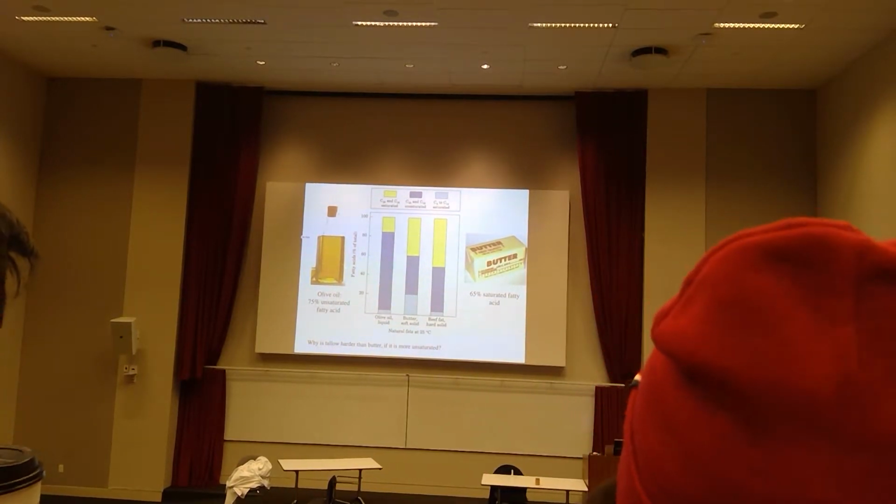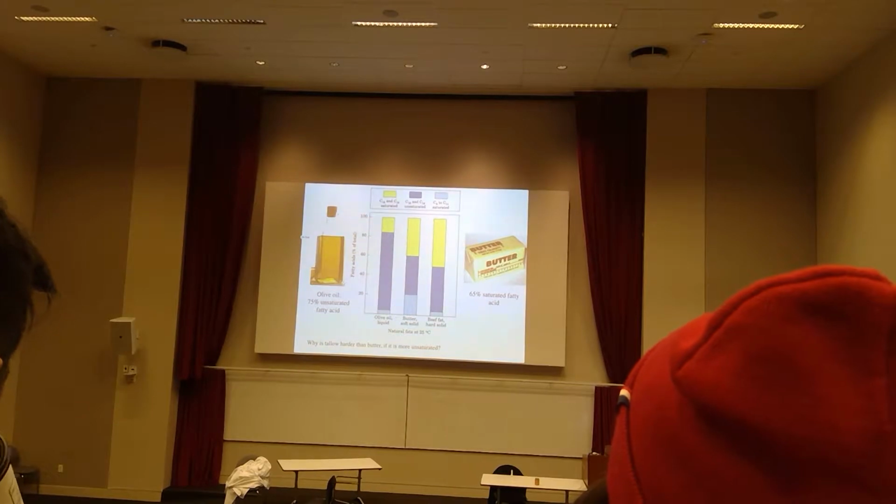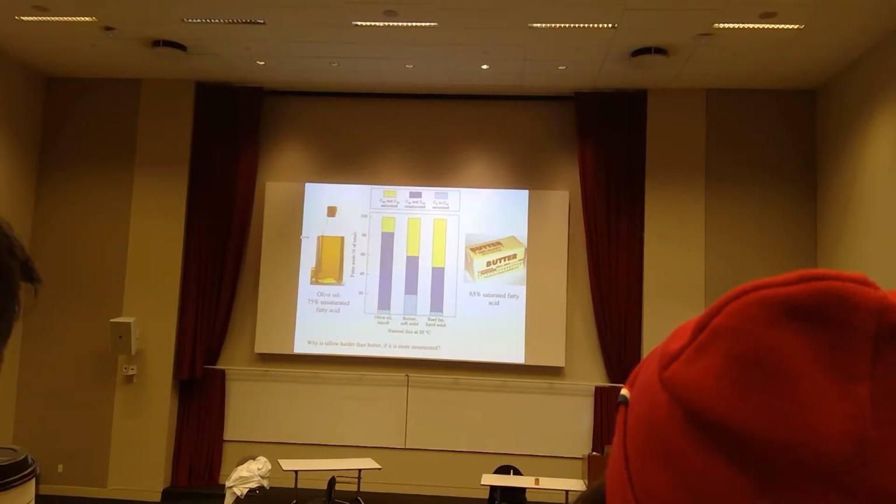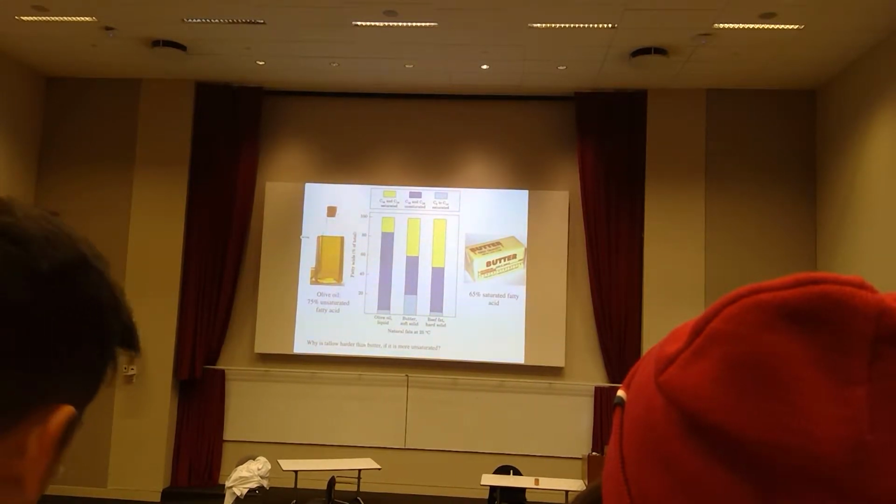So this is 75% unsaturated fatty acid, and you can see that's a liquid at room temperature, whereas this butter right here, 65% saturated fatty acid, is solid at room temperature.